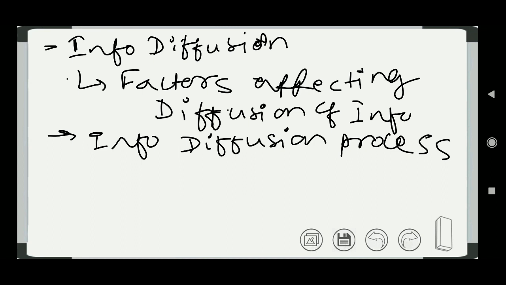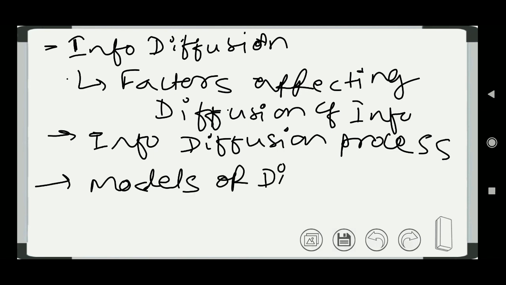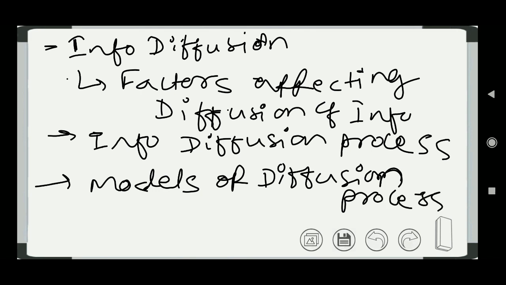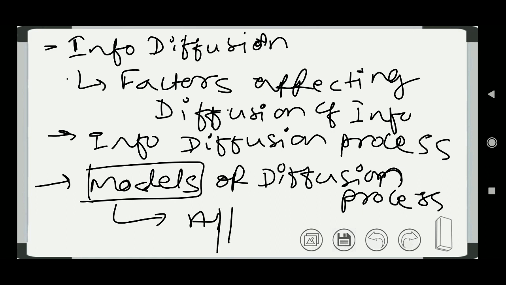So all the models are important. Models of diffusion process, direct, it may come for 10 marks also. So here all models are important, so read it.